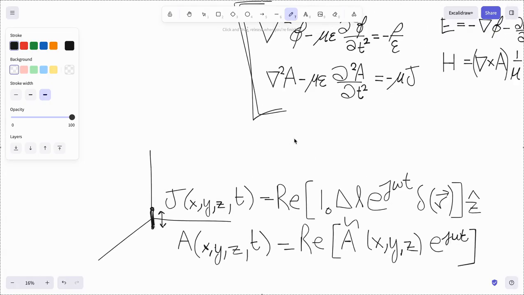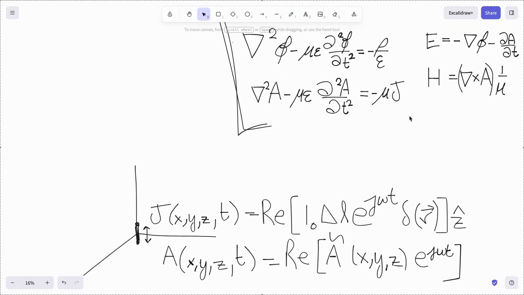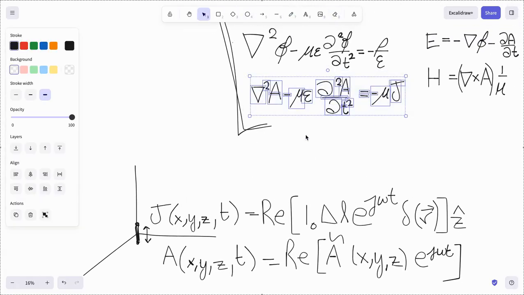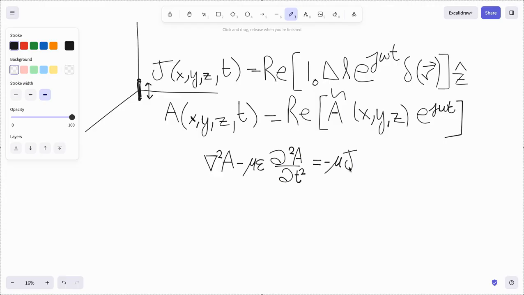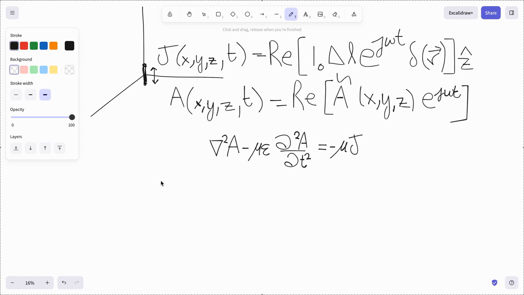Now, we're going to use this second wave equation that we have. If we use our phasor A, we can rewrite this as the Laplacian of A plus omega squared mu epsilon times our phasor A is equal to our phasor J times mu.